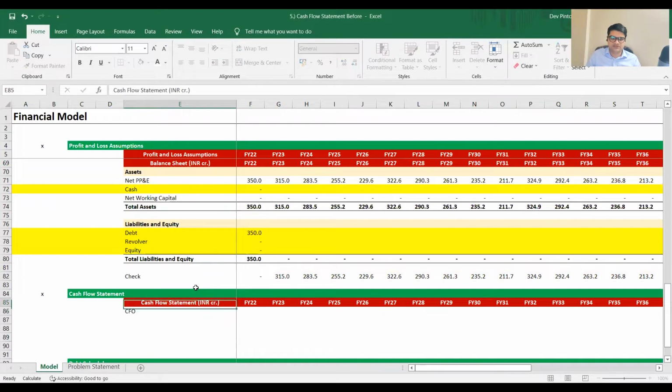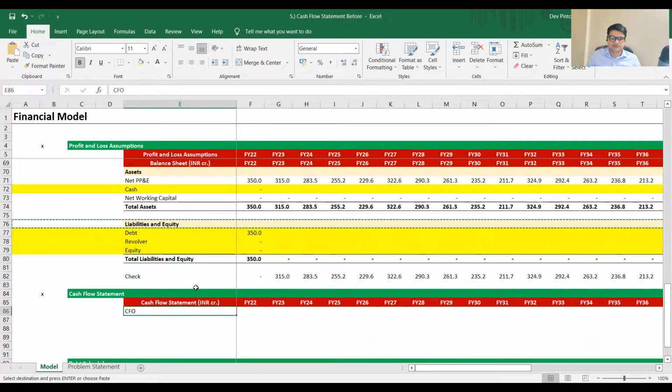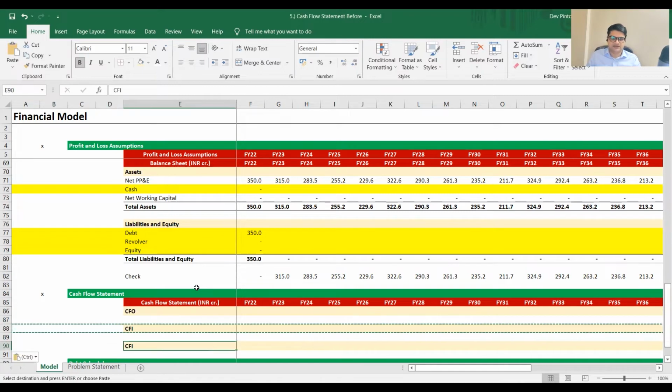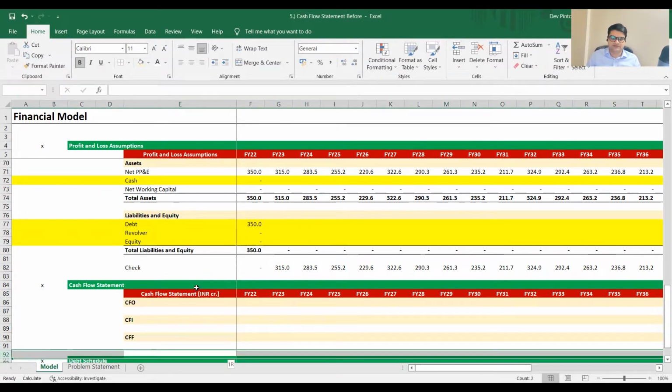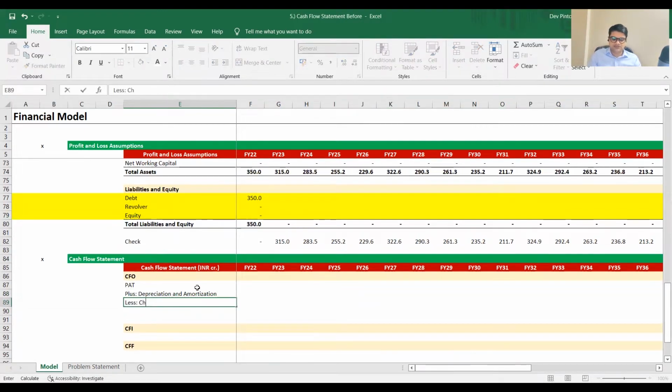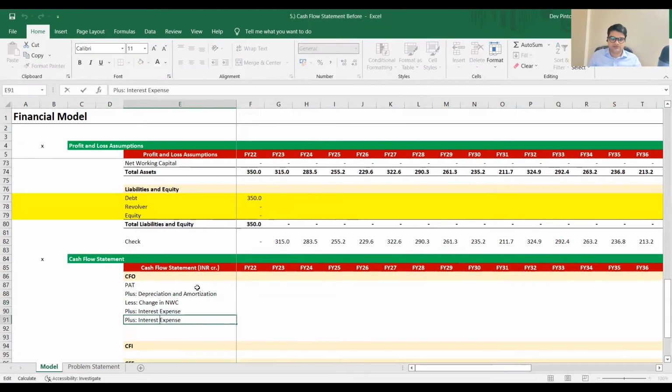Let's start with CFO, right? Let's start with PAT, depreciation, amortization, less change in NWC, plus interest expense, less interest income, right?